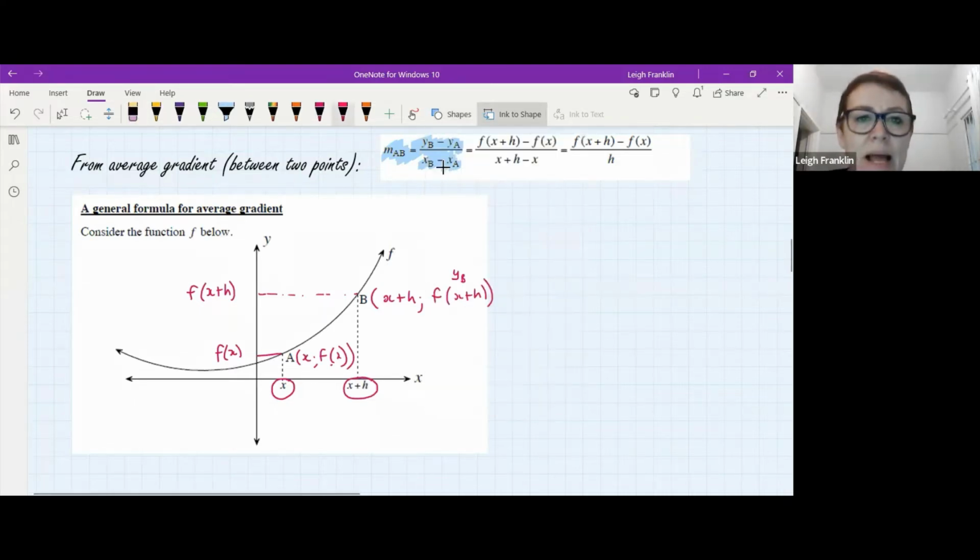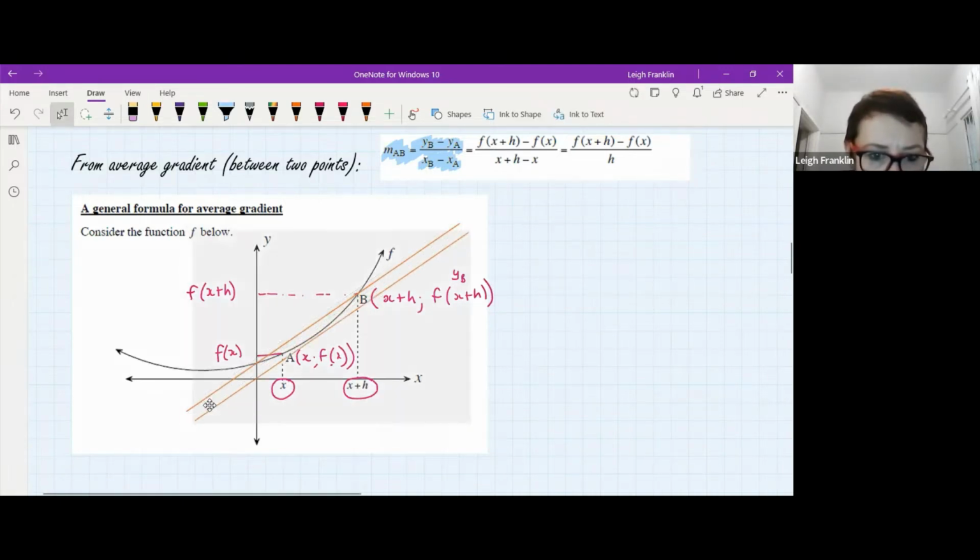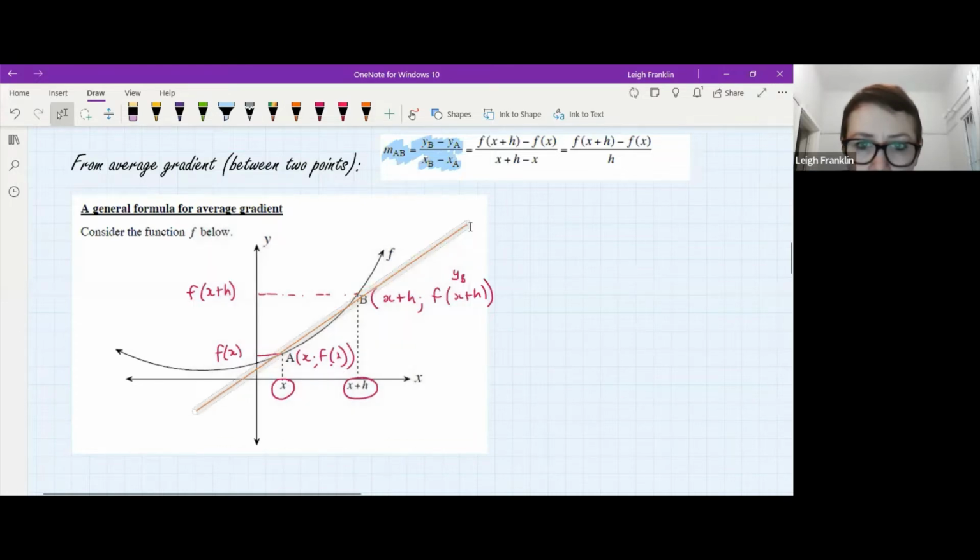What we are doing is connecting point A and point B. So in other words, it's like me connecting A and B with a straight line, like the orange one that I've done there, and I'm working out what is the gradient between A and B. That's what average gradient is.